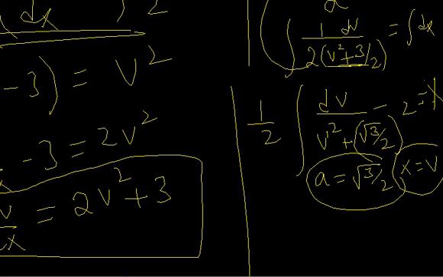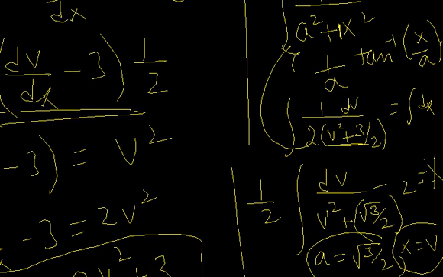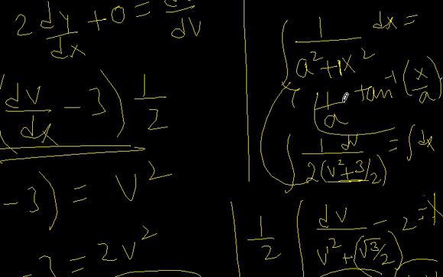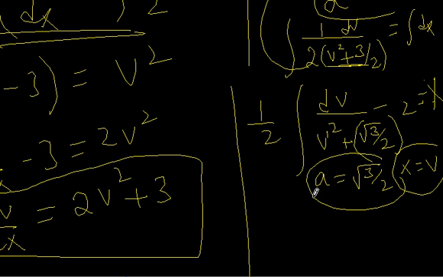Okay, now we have to plug in the x and a values in the standard result, that is the integral of 1 over a square plus x square dx. So this is equal to 1 upon root of 3 over 2 times tan inverse of x over a.